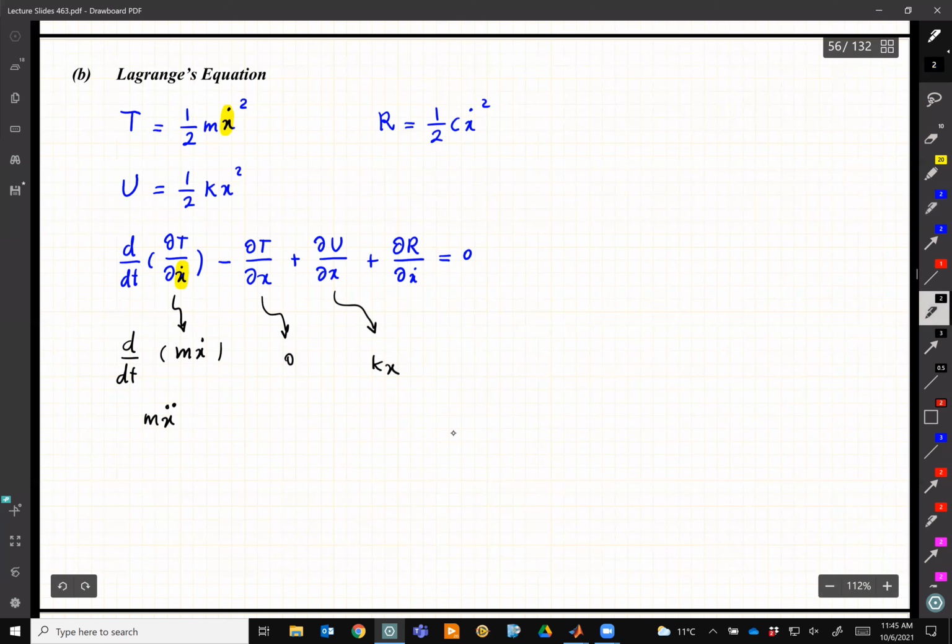Now the derivative of R with respect to x dot. Again, remember our variable is x dot. Simply it becomes cx dot. If you put them together, we get m x double dot plus cx dot plus kx equals 0. The same equation.